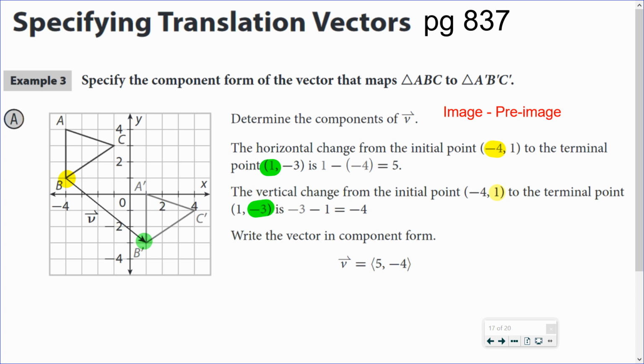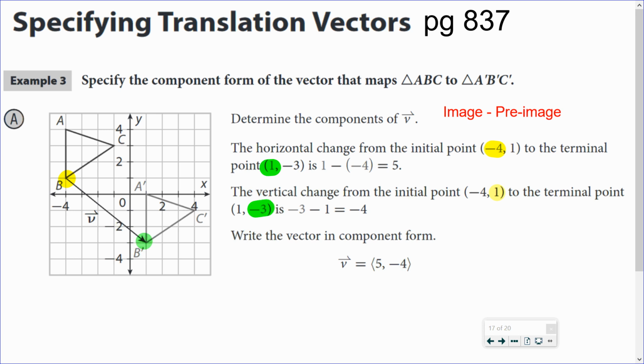So let's begin. In the previous video, I explained how to use a vector to write the translation. In this video, I'm going to take two images and find out what the vector is going to be. In doing this, it's very important to figure out where you're starting and where you're ending, because everything's already done.